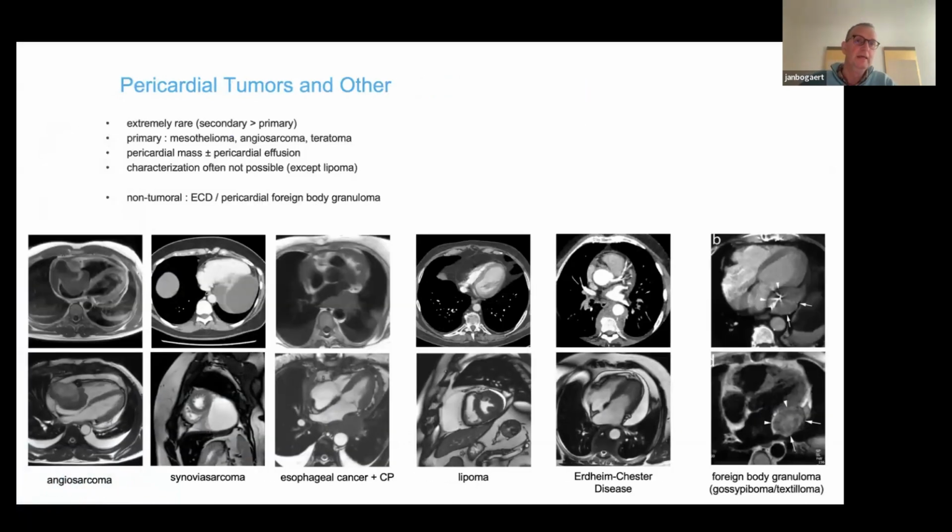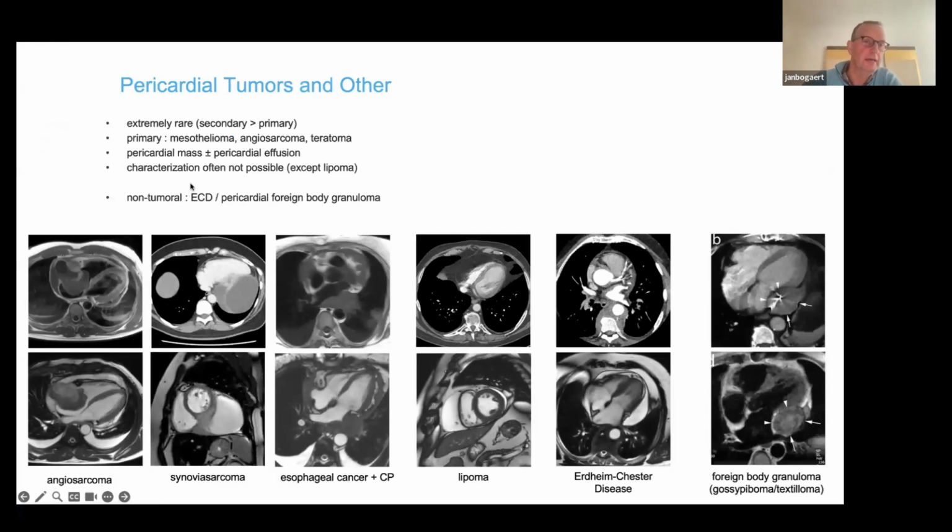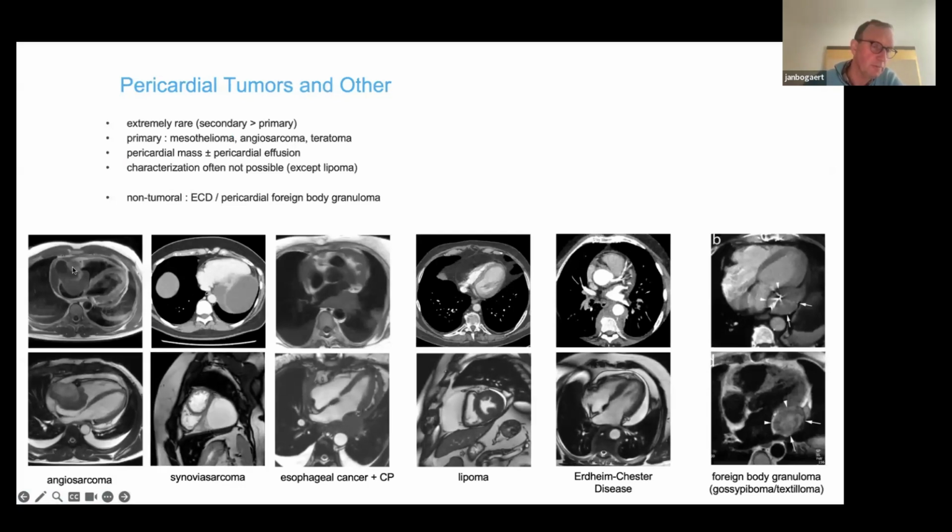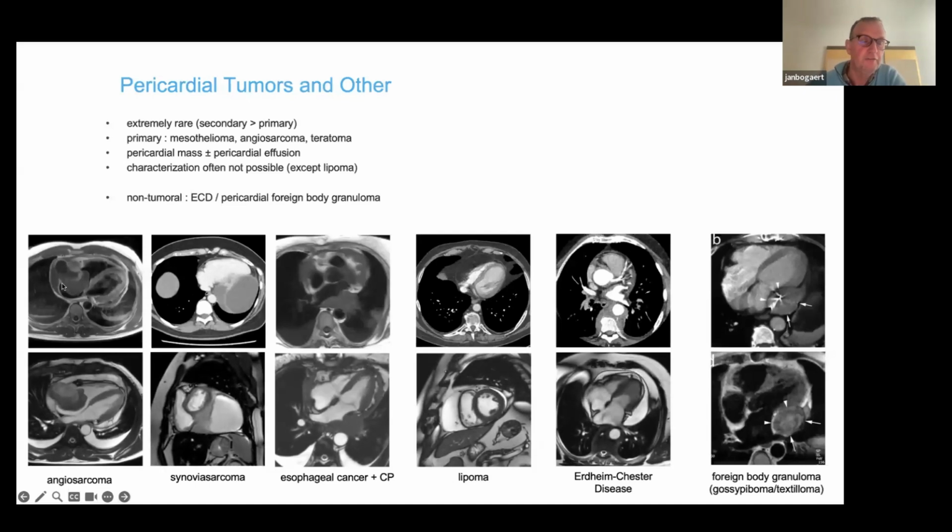And finally, this is my last slide, pericardial tumors and others. They are extremely rare. Metastasis or invasion of the pericardium is much more common than primary tumors. Mesothelioma, teratoma, and angiosarcoma are among the most common. This is an example of an angiosarcoma, one we recently did, although this is also very rare.